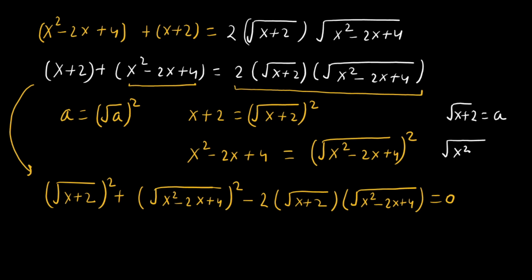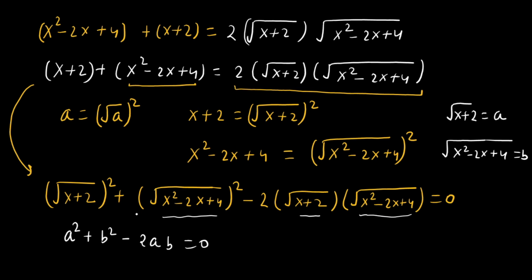Now let √(x + 2) = a and √(x² − 2x + 4) = b. Then a² + b² − 2ab = 0.